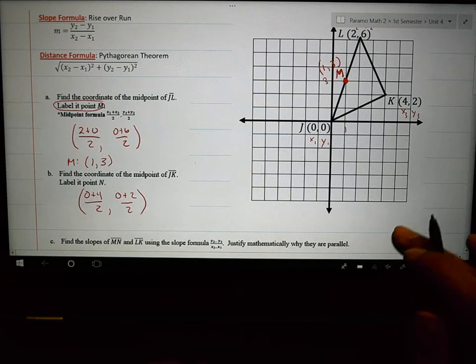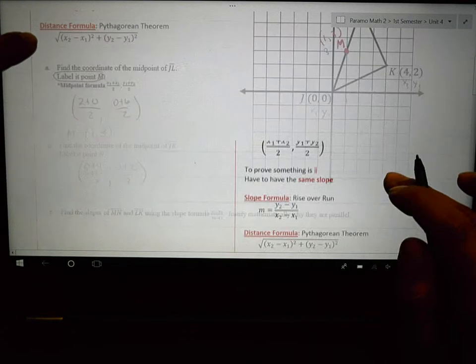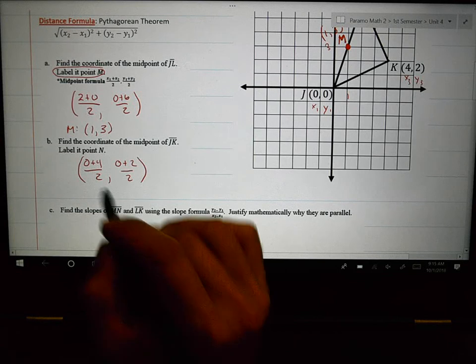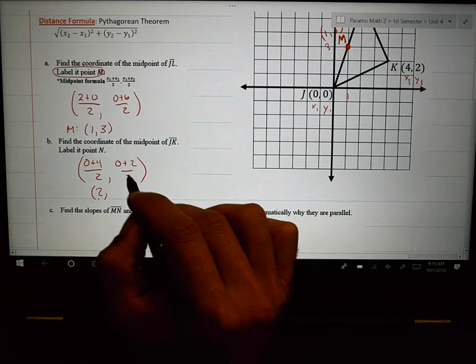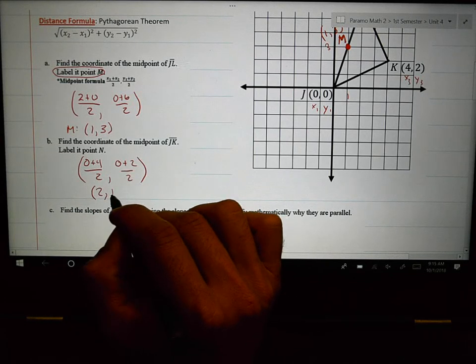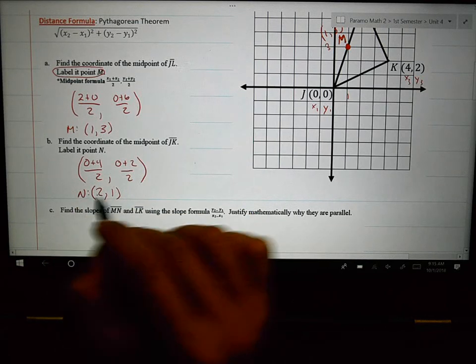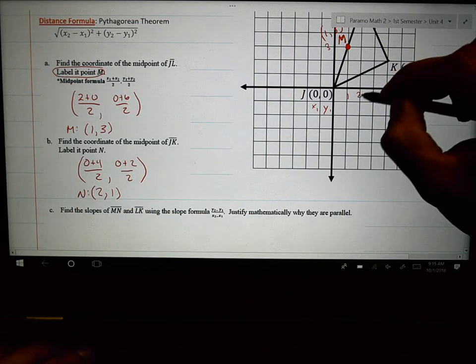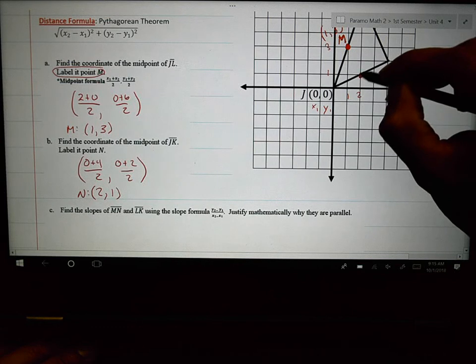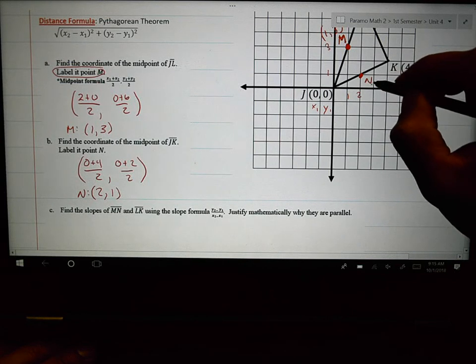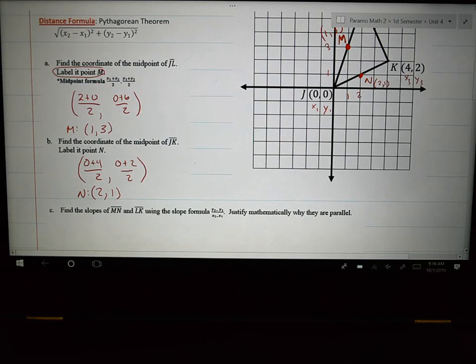Most of you will be able to do that in your head. 4 divided by 2 is 2. 2 divided by 2 is 1. This is the midpoint, and I usually put the letter next to the midpoint, so I go over to 2, up 1, and label this midpoint N, and I usually will put 2, 1 in the picture so I know where it's at.